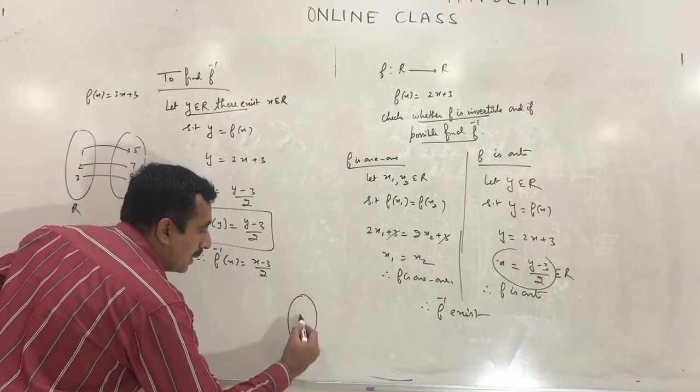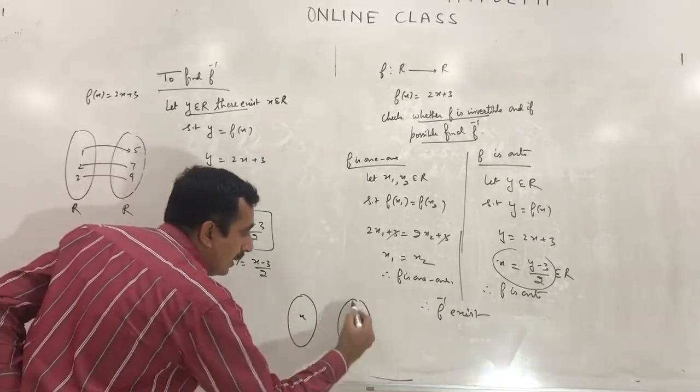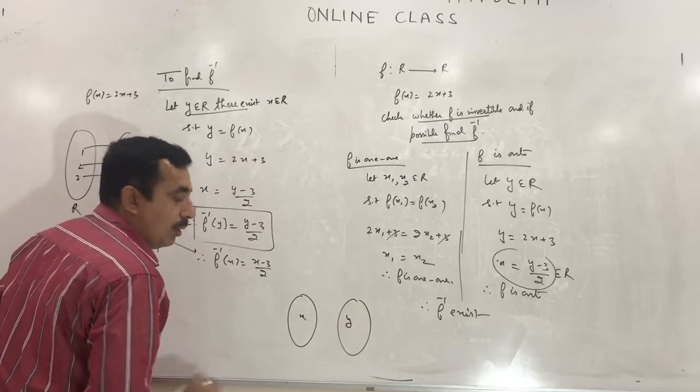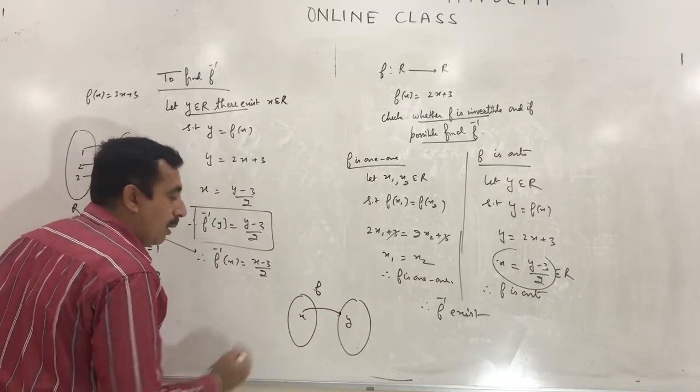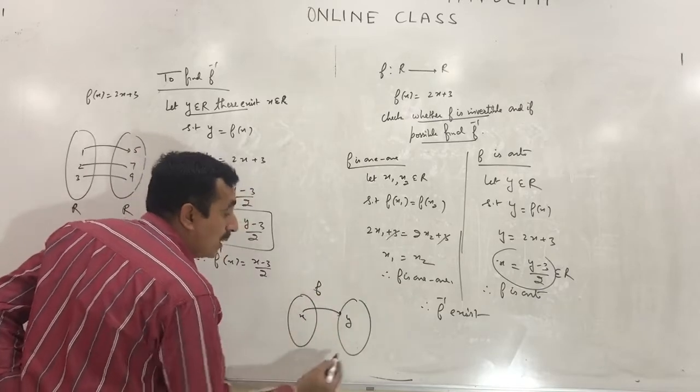See, x is always in the domain, y is always in the range. For x we get y, if this is the function. From x we reach y. What is inverse?